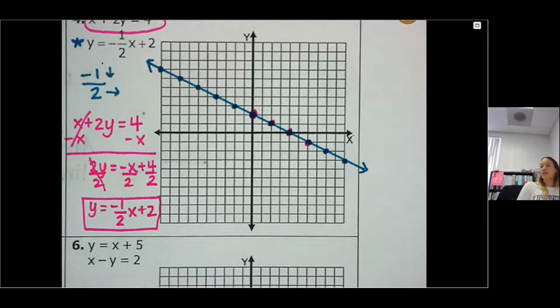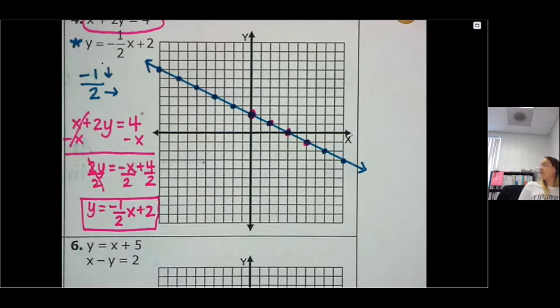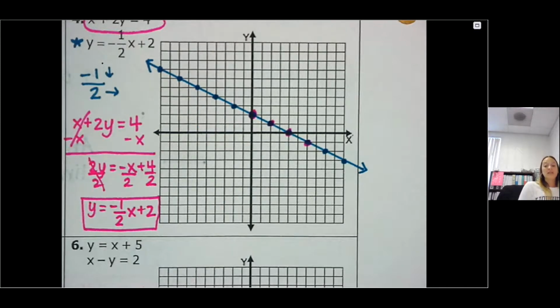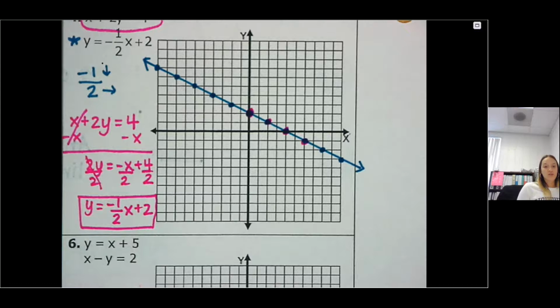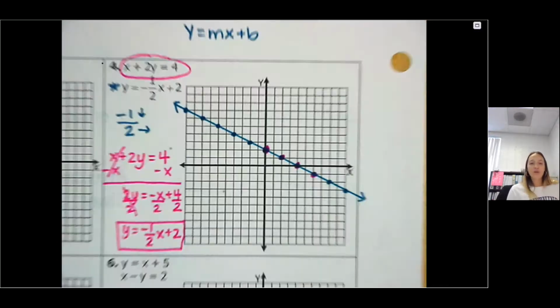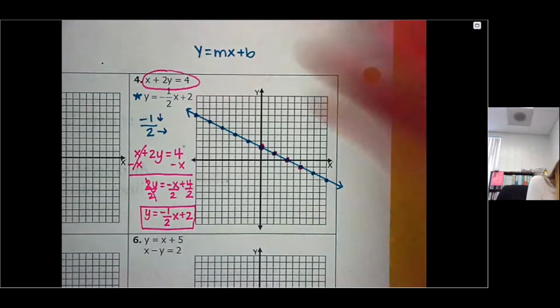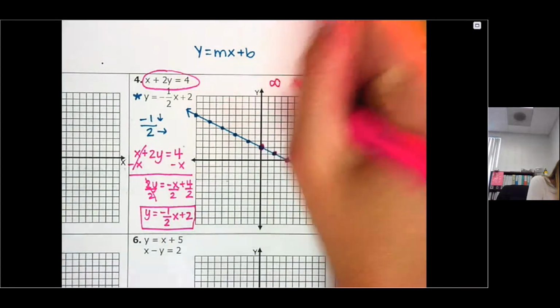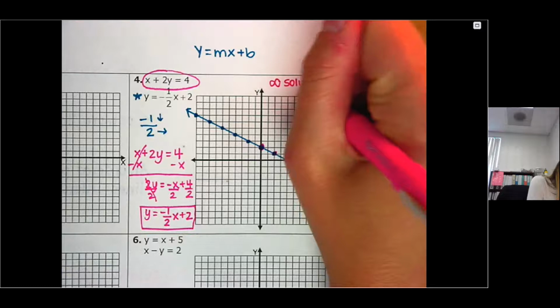You have infinite solutions because this line's going to go on forever to the left and forever to the right. So your final answer for this problem is infinite solutions or many solutions, however you want to write it. I'm going to write it like this. Infinity solutions.